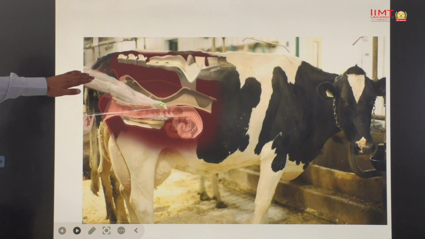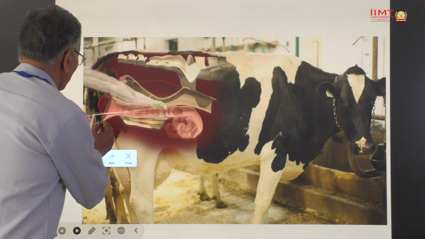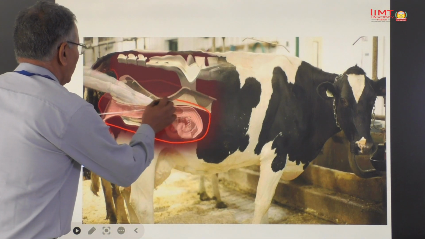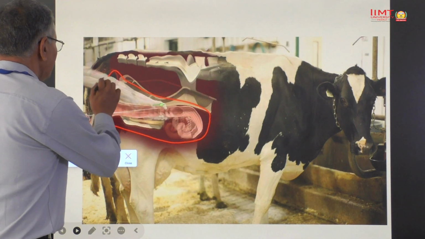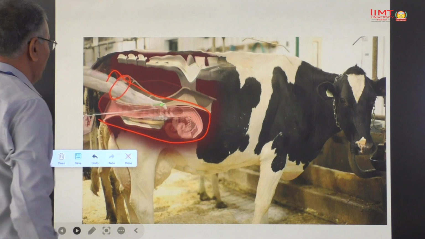Here this is the reproductive system of a cow, and this is the rectum of the cow.